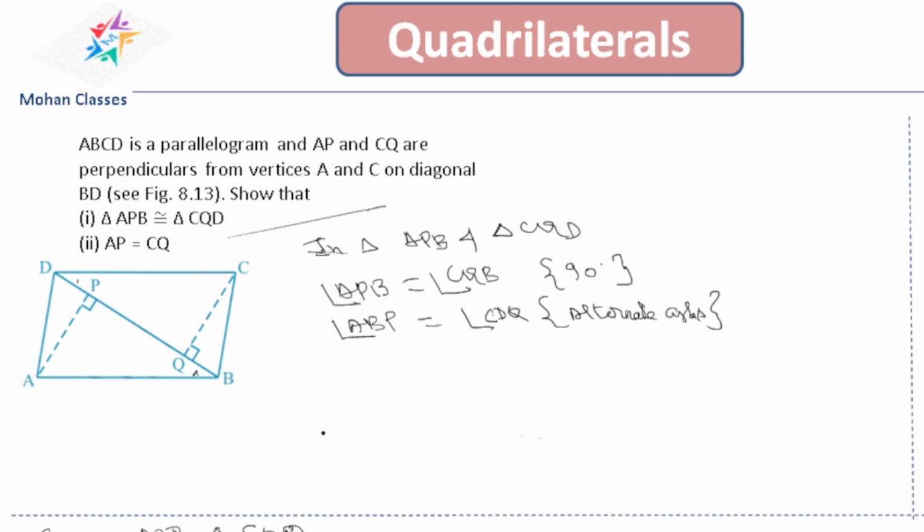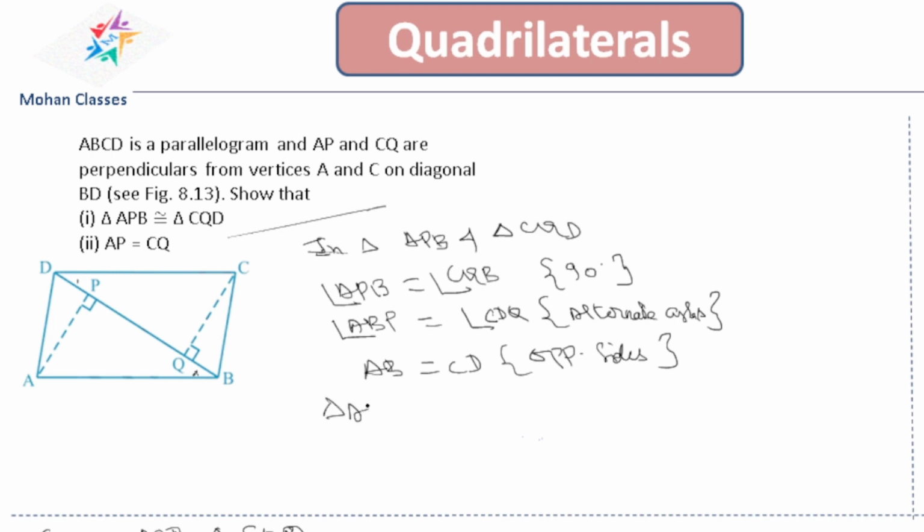And then what? AB is equal to CD, right? Opposite sides are equal. Therefore, these two triangles satisfy AAS.